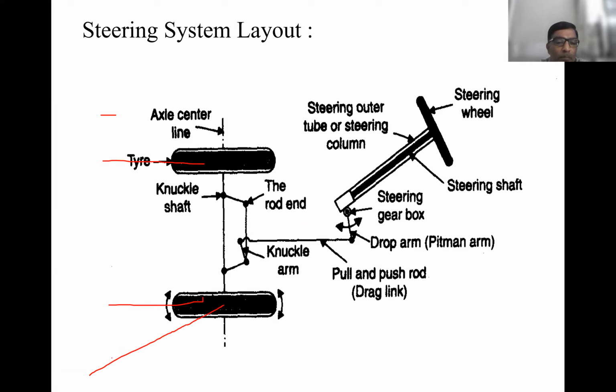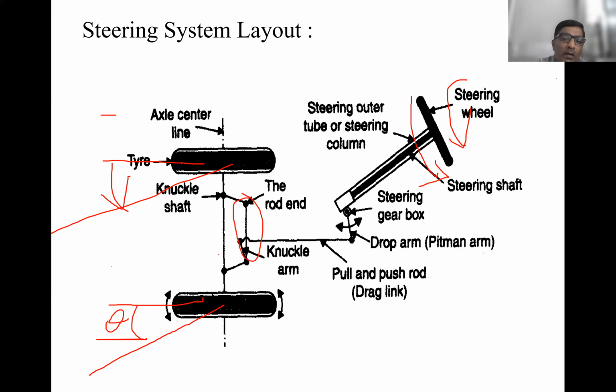To steer, the driver has to rotate the wheel anti-clockwise to steer in the left direction. Automatically this wheel will also steer in the left direction, because whatever the motion of this wheel, it is tied with the help of this tie rod, so that this wheel also steers in the desired direction.